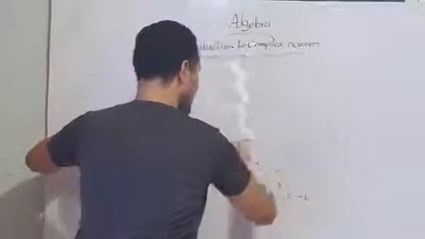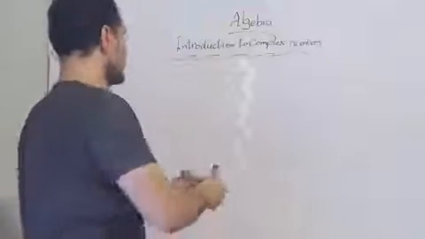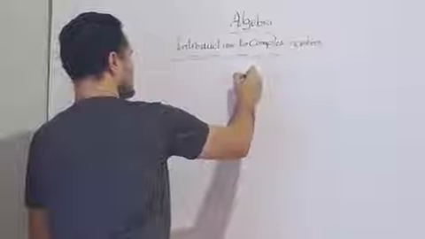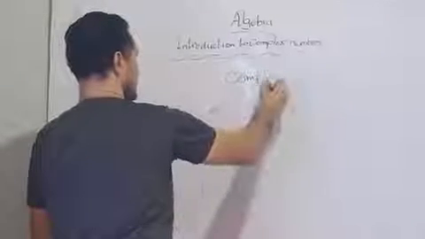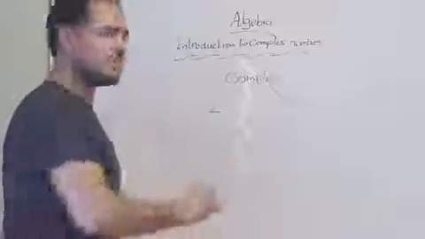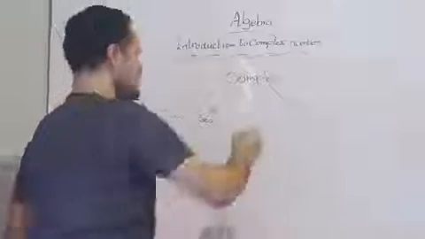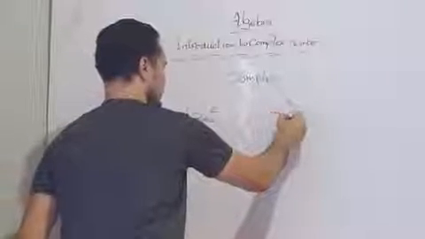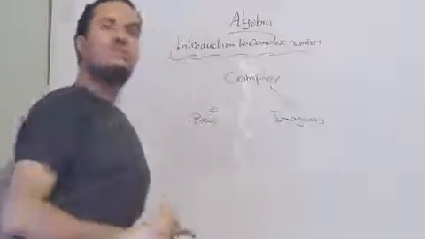I is an imaginary value, okay? Complex number: any complex number is a combination of a real part and an imaginary part. What's the real part?